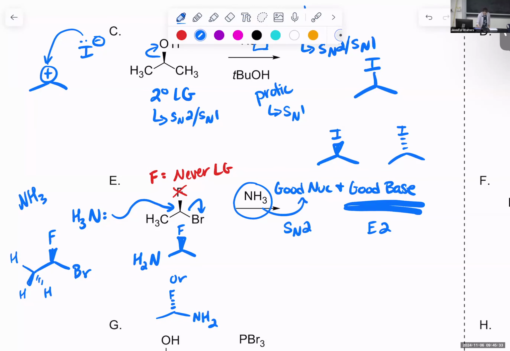If you use ammonia to take that proton to do the E2, then you get your product. I kept the fluorine on the top, but it doesn't matter; you could draw the fluorine down here. It doesn't matter how you rotate it. It's the fact that bromine was the one that was lost. That's the significant thing.